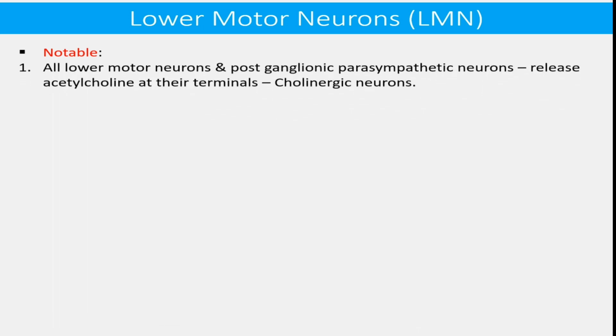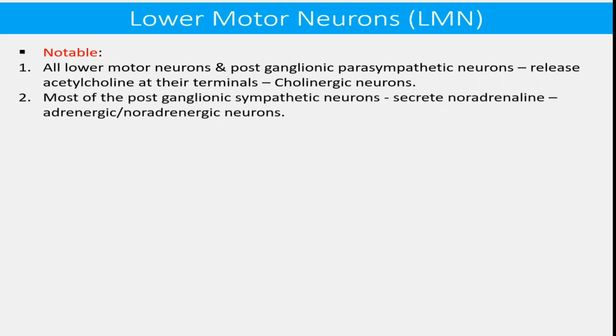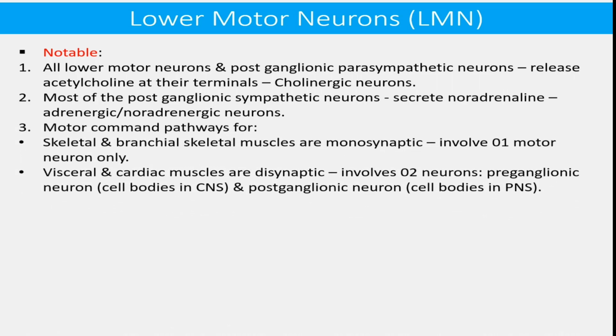Number one, all lower motor neurons and postganglionic parasympathetic neurons release acetylcholine at their terminals, hence they are termed cholinergic neurons. Most of the postganglionic sympathetic neurons secrete noradrenaline at their nerve terminals, hence they are named adrenergic or noradrenergic neurons.